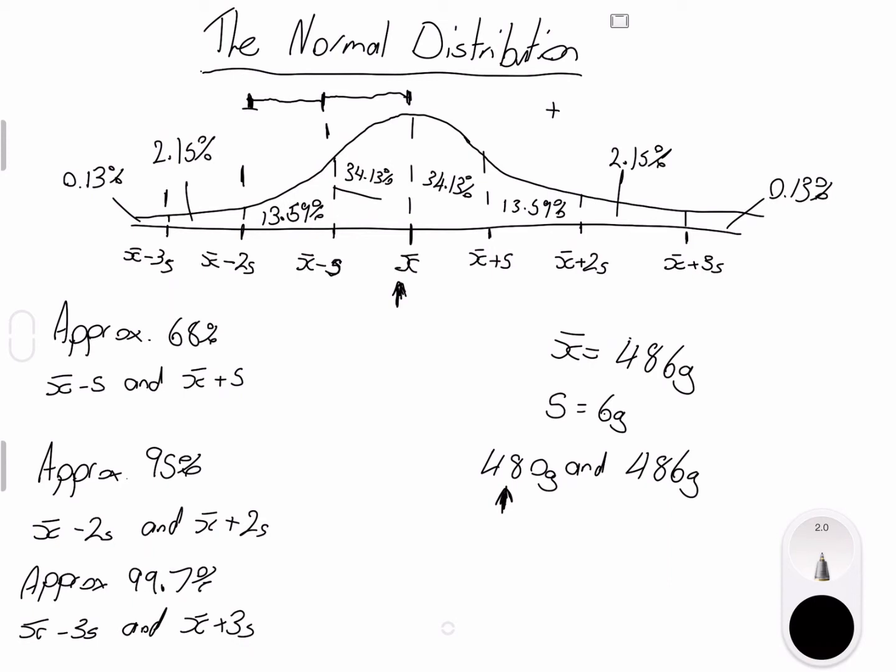That means that this part here lies in here, so we could say that 34.13% of the cans will have a weight between 480 and 486 grams. And that's really everything that we use for the normal distribution.